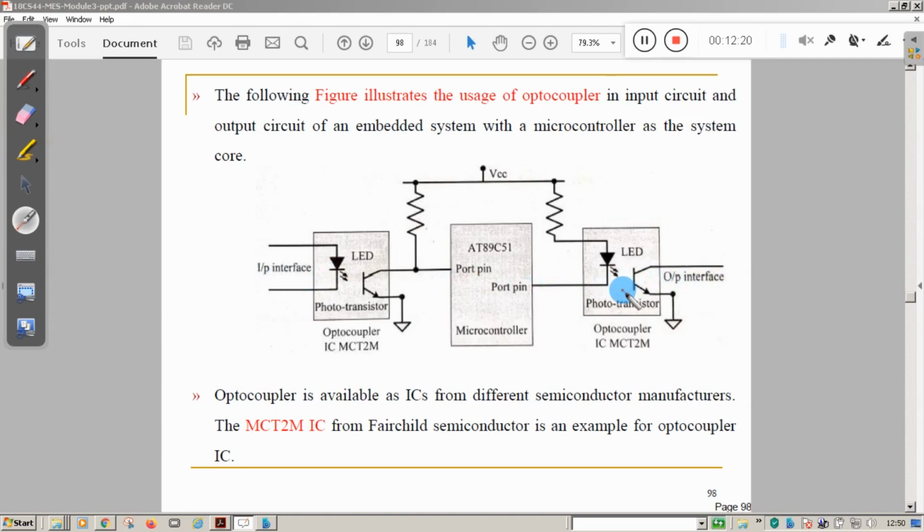That means the microcontroller is separated from the input circuit by this optocoupler. Similarly, the output circuit is separated from the microcontroller by this optocoupler. Whatever input comes, the optocoupler will transmit that input to the microcontroller. The microcontroller processes that input and transmits the output to the output circuits through this optocoupler. An example of this optocoupler is the MCT2M.